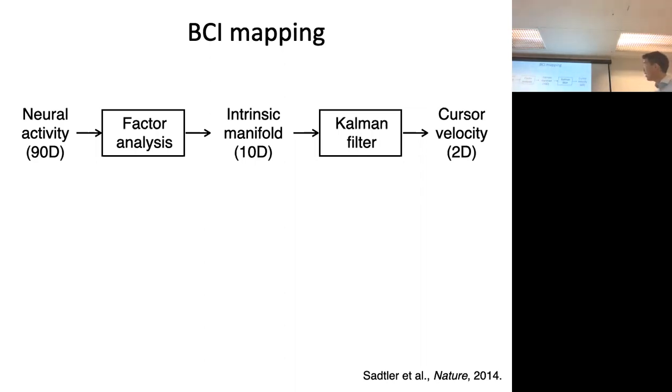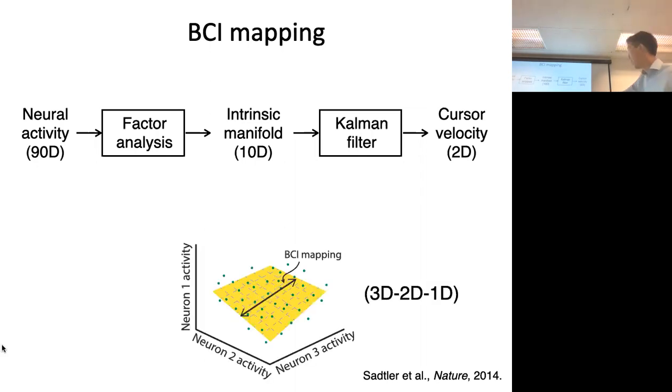Then these 10 factors were passed into the Kalman filter to obtain a cursor velocity, which then moved the cursor on the screen. So this is what we had in the experiments: 90, 10, 2. And then in the illustrations, we had 3, 2, 1.